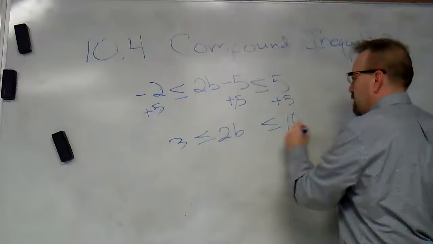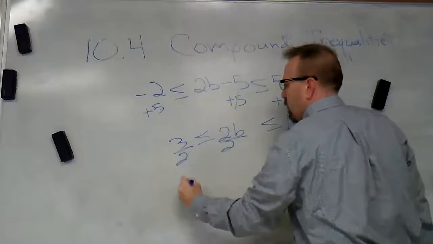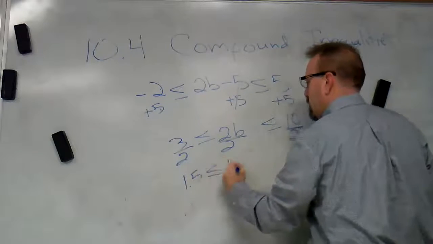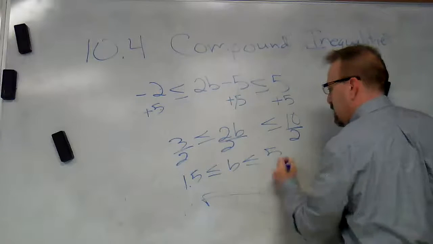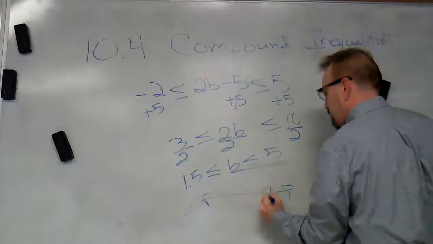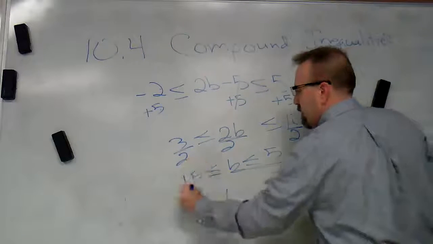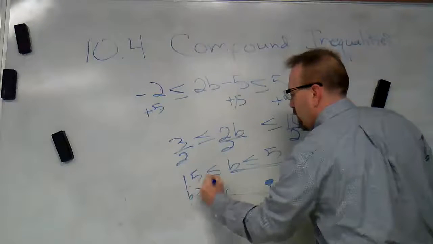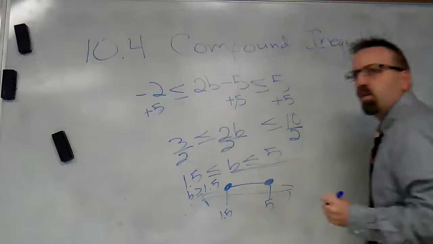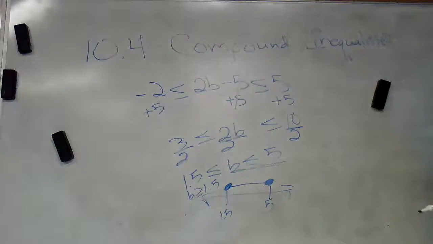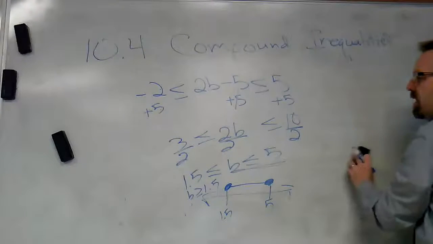Divide by 2: 1.5 is less than or equal to b, which is less than or equal to 5. If we were to graph it, this one says b is less than or equal to 5. And b is greater than or equal to 1.5. Since it's and, it's the part in between. Okay. Now, so like I said, anytime it's combined, it's and.